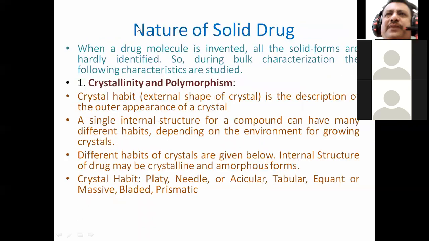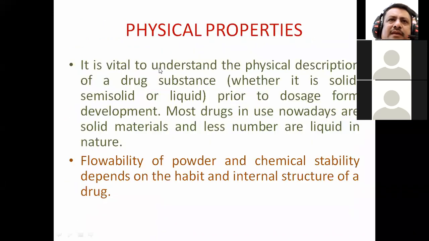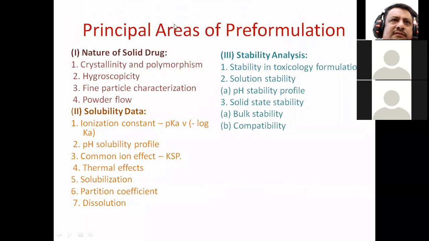Now, which are the principal areas of pre-formulation? The principal areas of pre-formulation include, firstly, the nature of the solid drug. Suppose you have a drug, firstly we should know the nature. If it is solid, whether it is in a crystalline form or in an amorphous form.